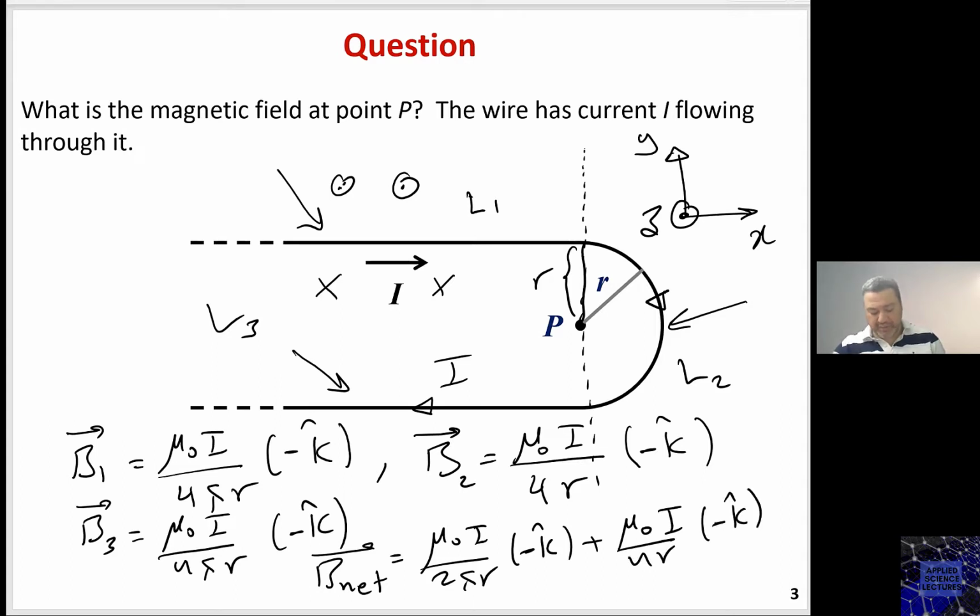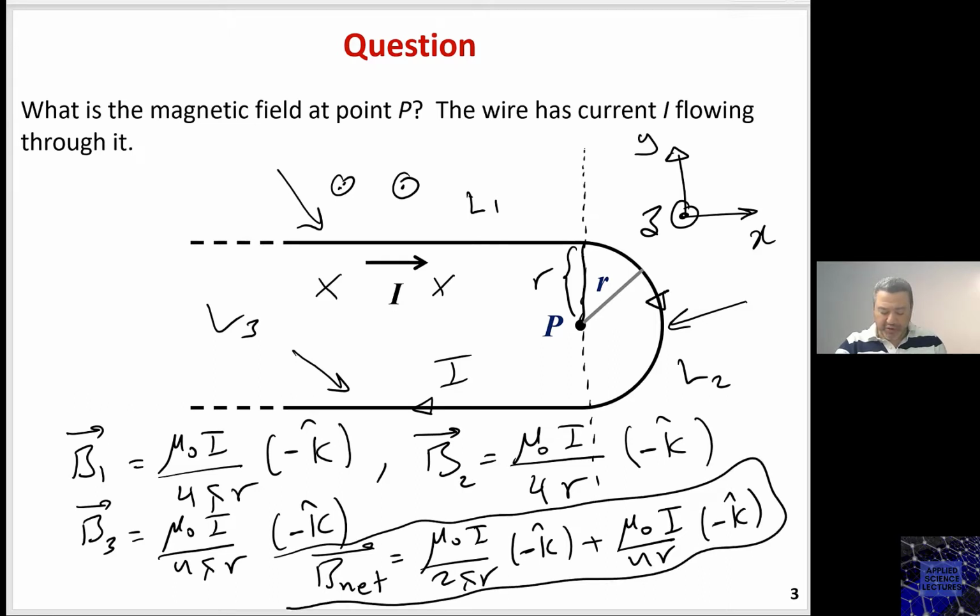So this is the net magnetic field due to those three wires that we classified as two semi-infinite wires and one half circular wire, and the superposition was applied to calculate the net magnetic field at the point P in this case.